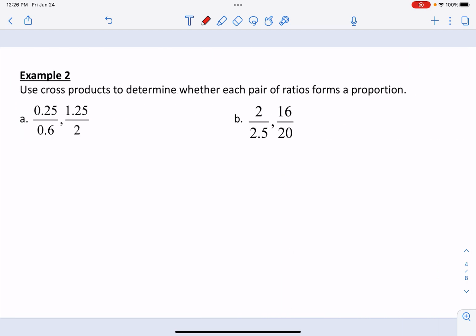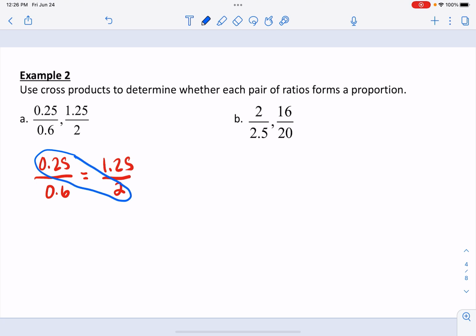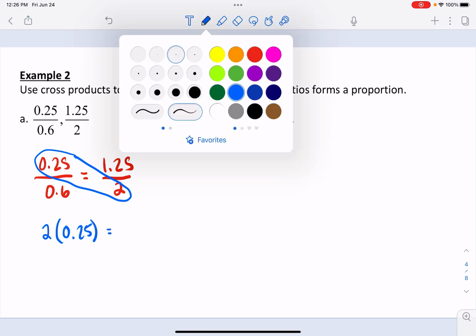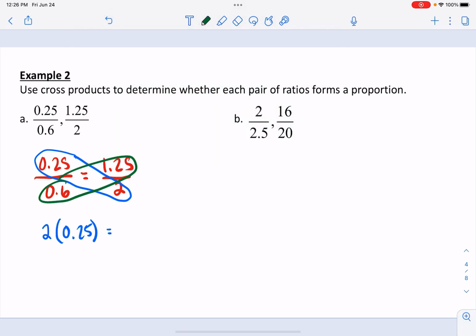Use cross products to determine whether each pair of ratios forms a proportion, meaning, are these two things equal? So I cross multiply. I have 2 times 0.25, is that equal to 1.25 times 0.6?